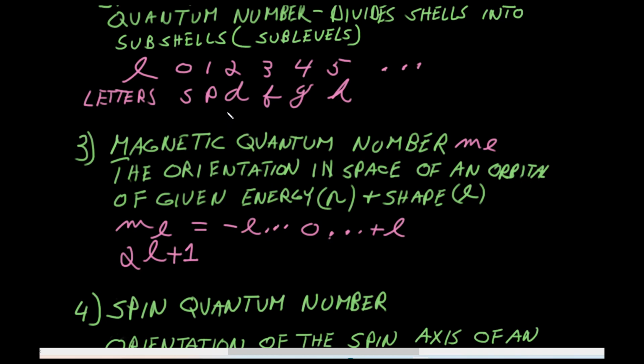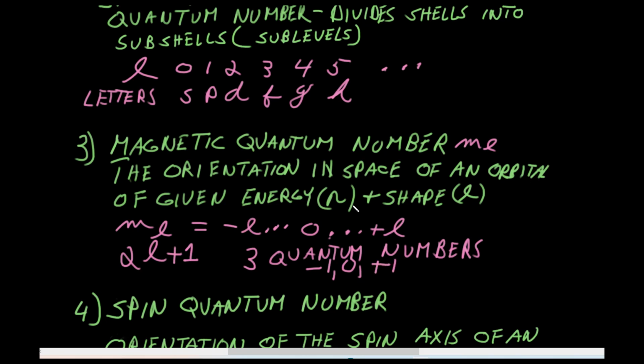Let's do p. If I have a value of p, so it's going to be 2 times 1 plus 1. So if p, then I would have 3 quantum numbers. So my 3 quantum numbers, you're going to start with a negative 1, I'd have 0, and a positive 1.